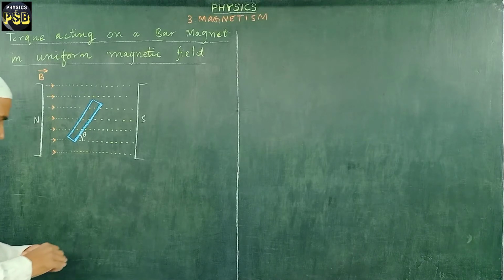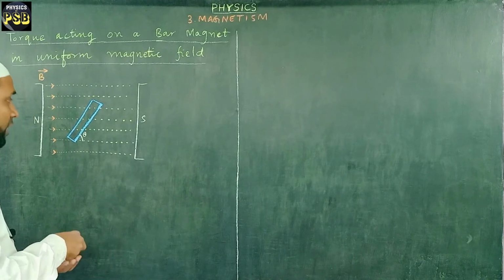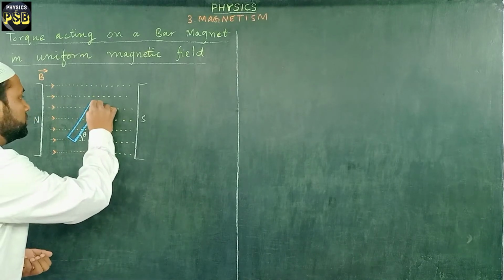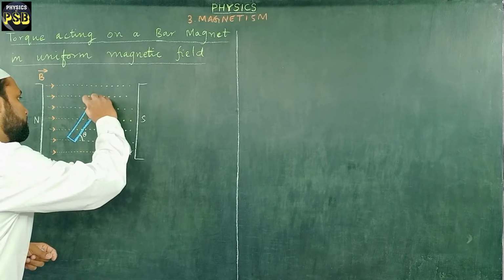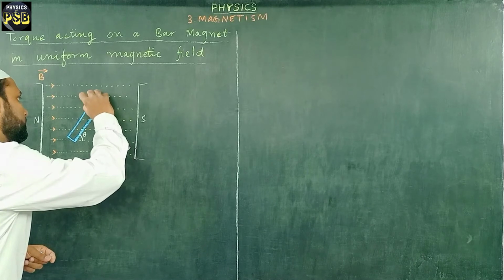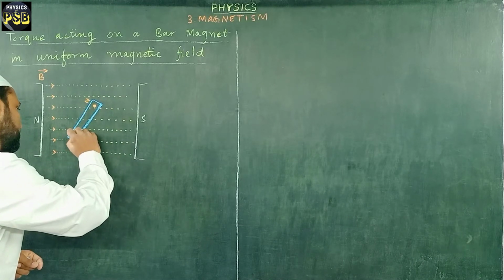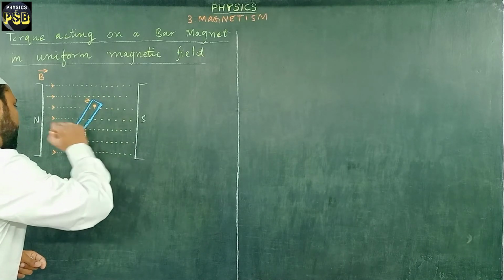Then we know every magnet has two poles. This is the north pole of the magnet and this is the south pole of this magnet.